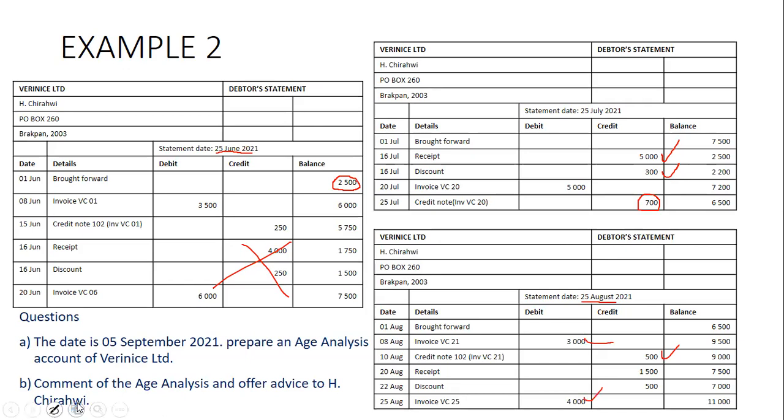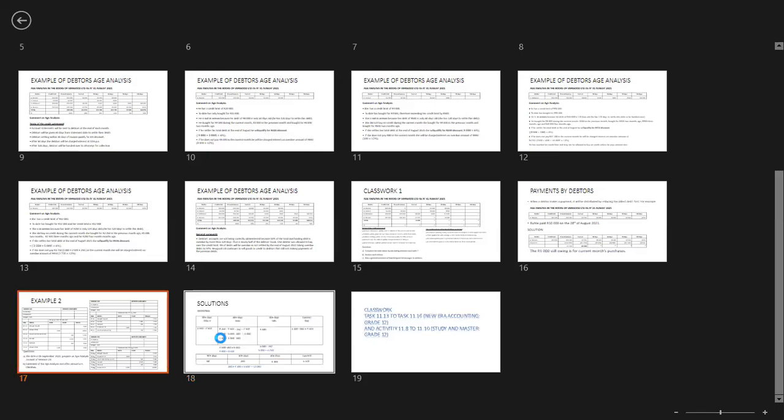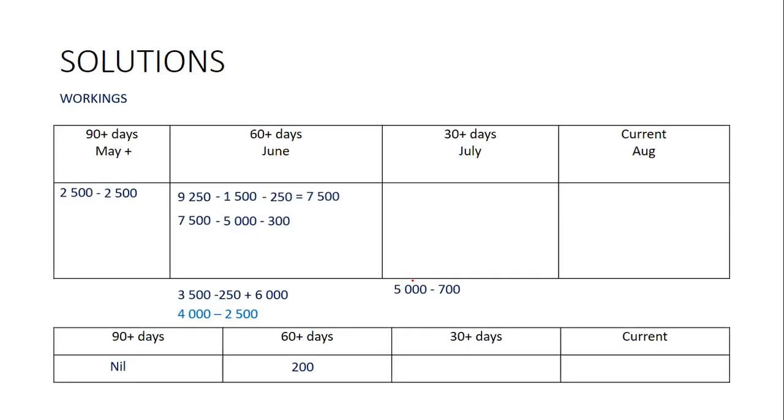But for 30 days ago, she will simply be owing 5,000 minus 700, and so the debt that is 30 days old will simply be that amount. In the current period, please know that we had purchases of 3,000, minus the return, and then you add the new purchases of 4,000, that will give us 6,500. That 6,500 is what she owes in the current month.